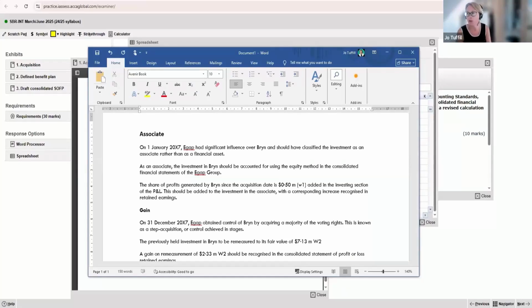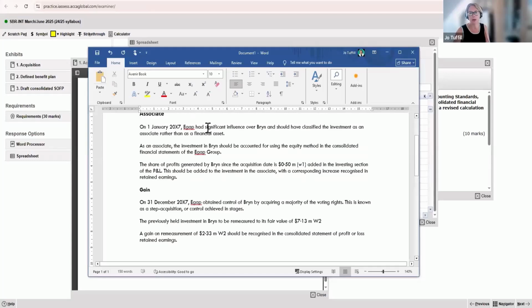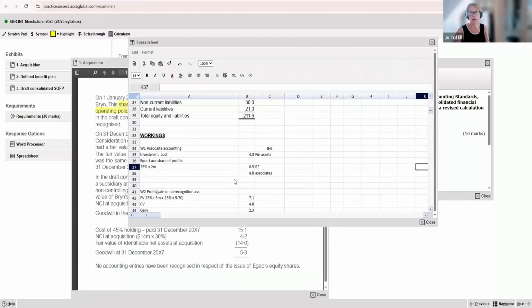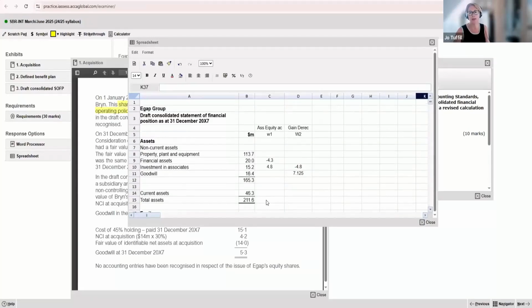And share of associate profits, because we're investing, goes in the investing section. Extra brownie points might be given to it, so just keep yourself in the game. That's what I'm trying to say. So that's what we've got there. So we've got those marks coming and the working marks are coming as well. And also the adjusting journal marks for Part C are coming.